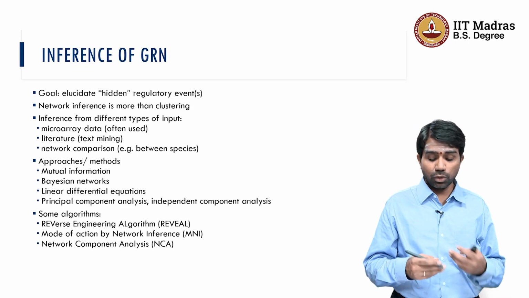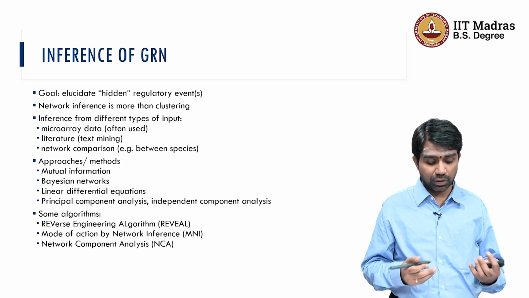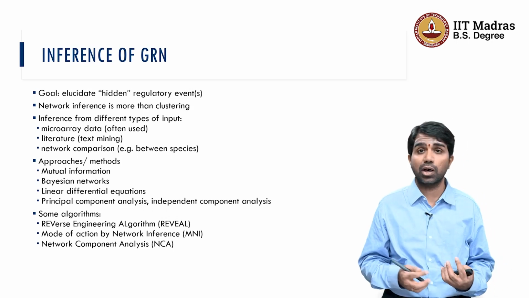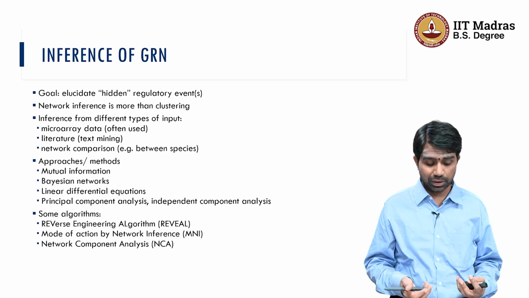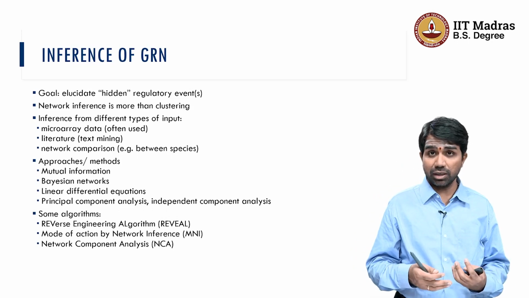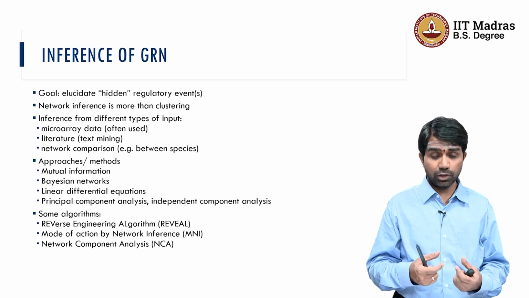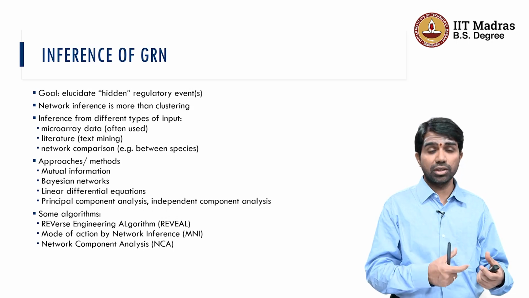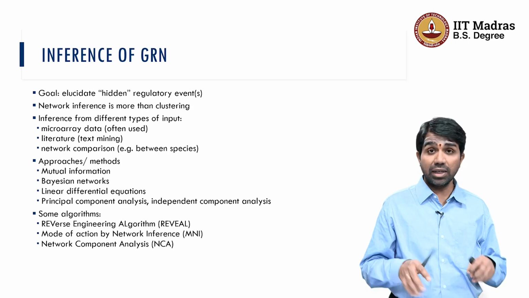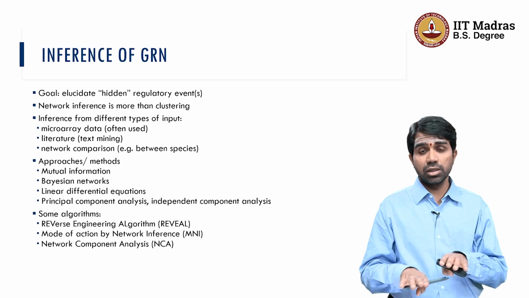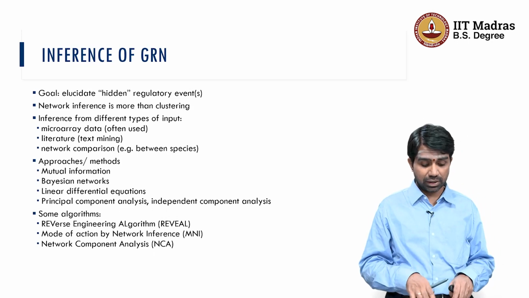For example, you try to build these inferences from different kinds of data, right? So microarray data or RNA-seq data, which is very commonly used, or literature, wherein you just do text mining to find what are the genes that are co-mentioned in various abstracts and so on, and network comparison between two species to identify missing interactions and things like that.